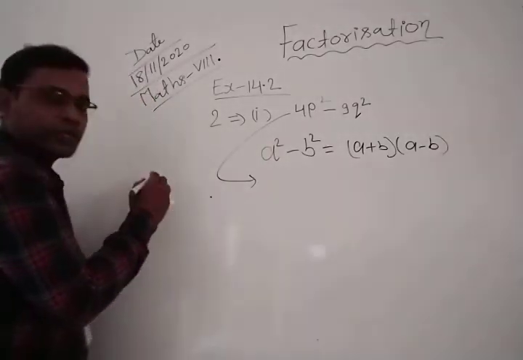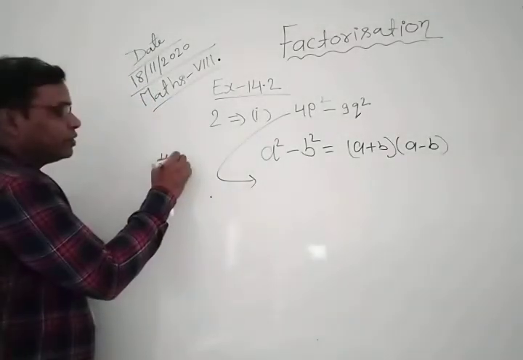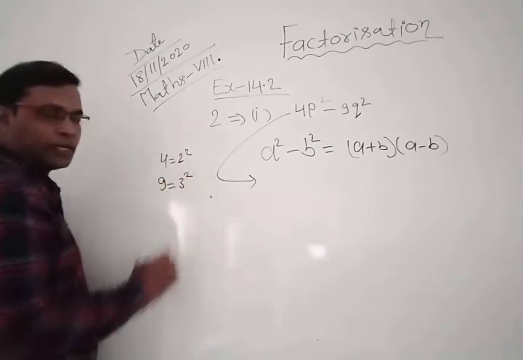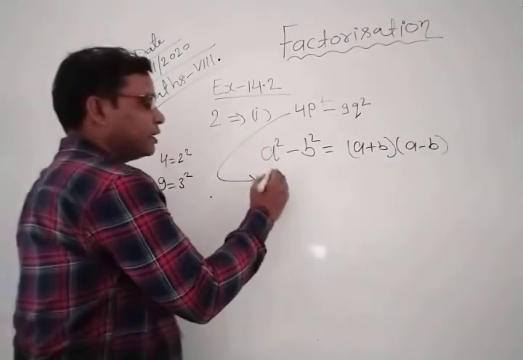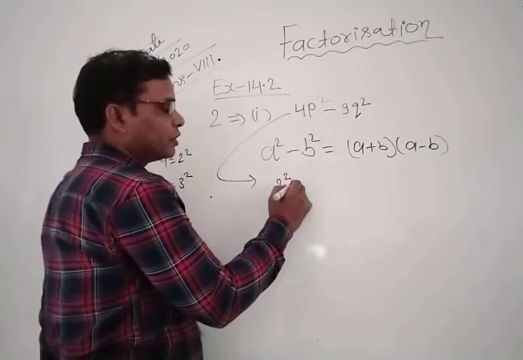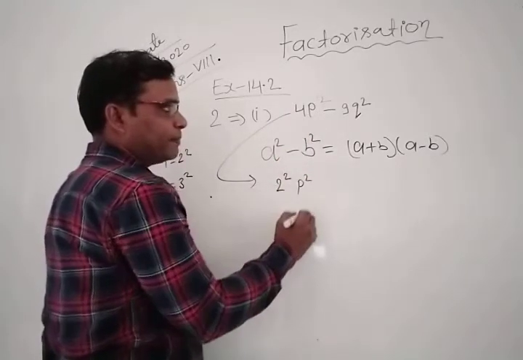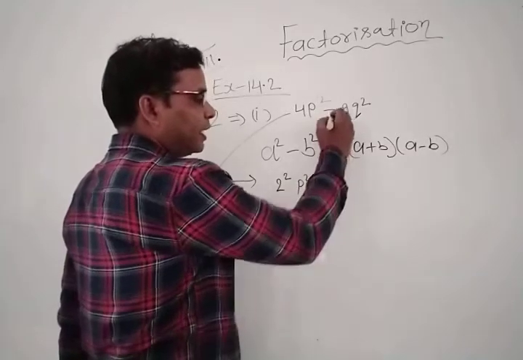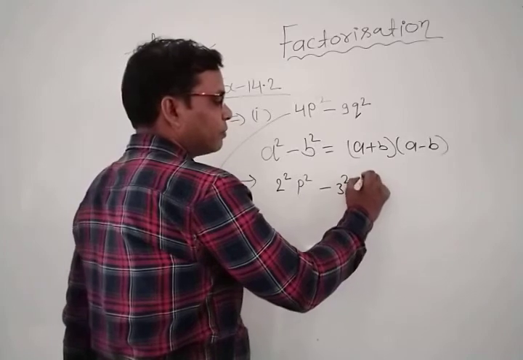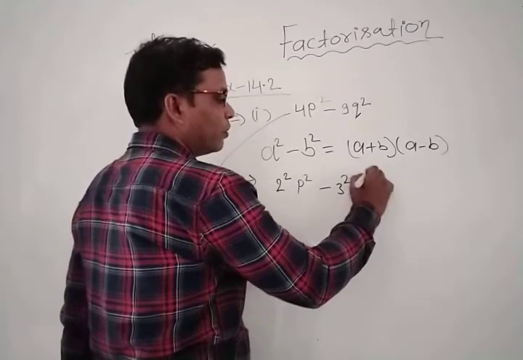What is 4? You can write 4 is the square of 2, and 9 is also the square of 3. So 4p square becomes square of 2 into square of p, and 9q square becomes square of 3 into square of q.